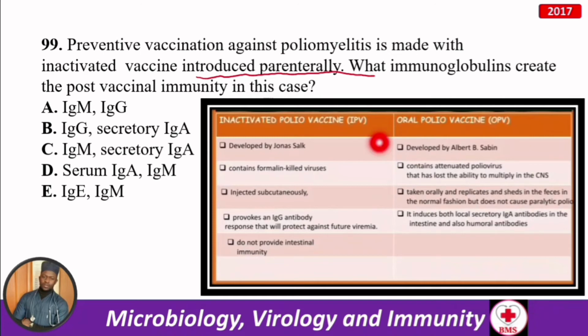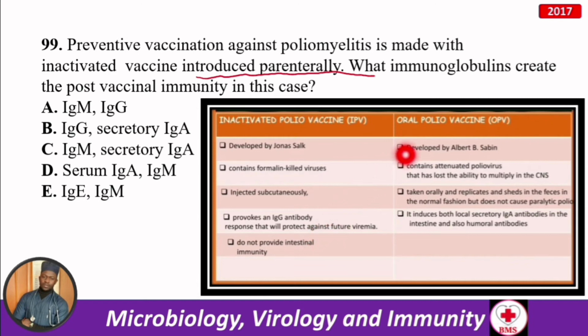Let's start with the inactivated. This one was developed by Jonas Salk. It contains formalin-killed viruses and is injected subcutaneously. It provokes the IgG antibody response that will protect against future viremia. This one does not provide intestinal or local immunity. That's parenteral.